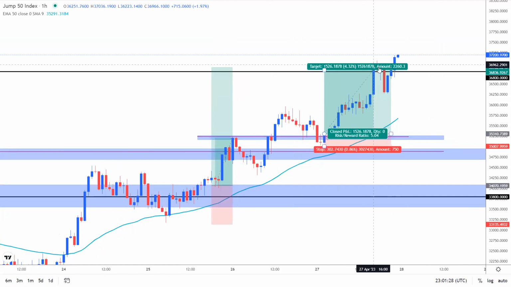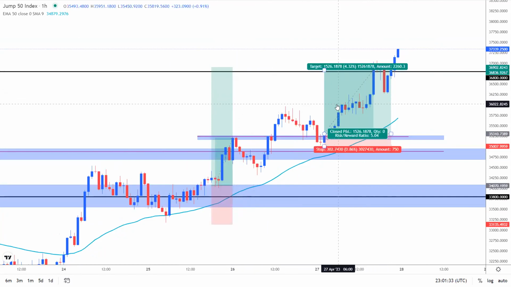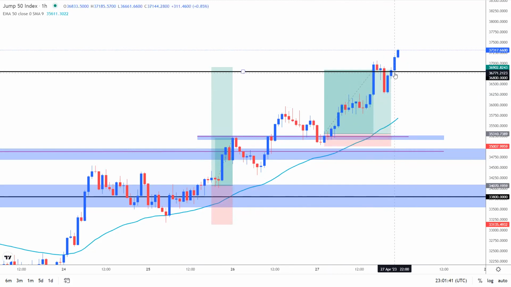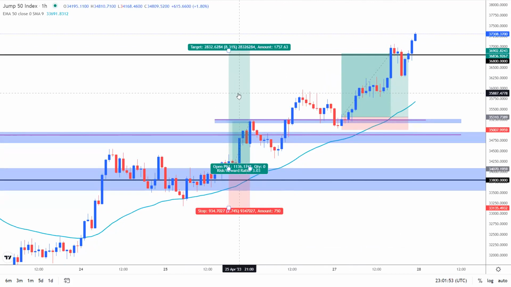Actually, I closed out the bottom buy entry positions just a couple of hours ago on Jump 50 index, and I will be breaking down the entire trade and the reasons why I got in on the buy trade right here.